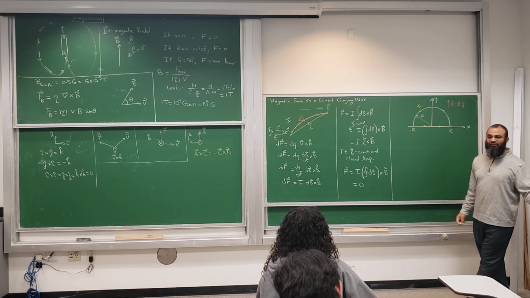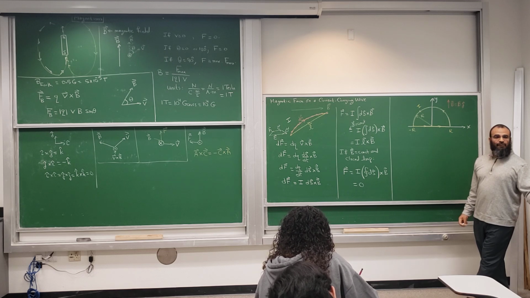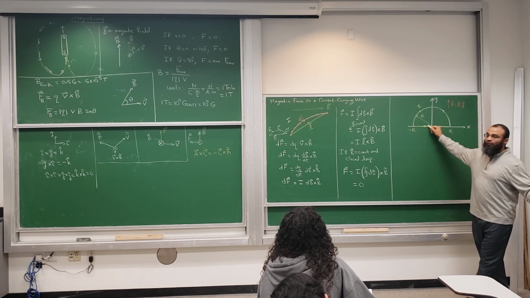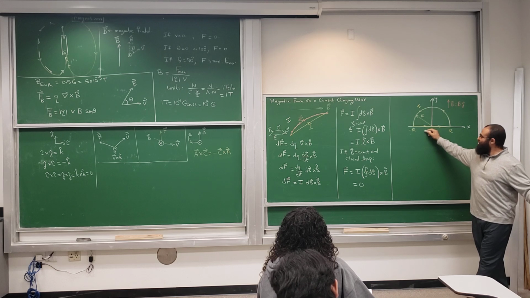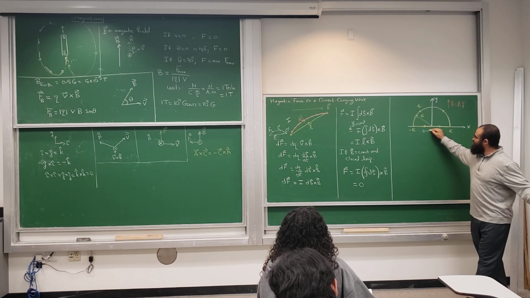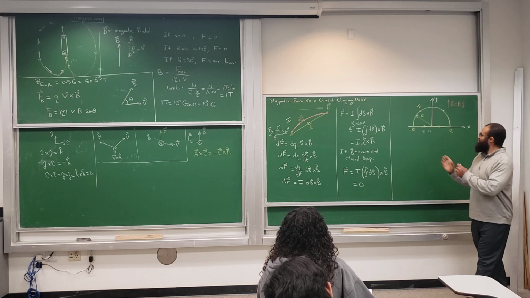Wait, so the right hand rule also applies for I, B, and F? Yes, because what is I? It's little positive charges moving, right? So think about every positive charge. You have a dq, right? Take a little charge here. You'll have a little plus charge moving to the right with certain speed v. And then the magnetic field is up, so v cross B.